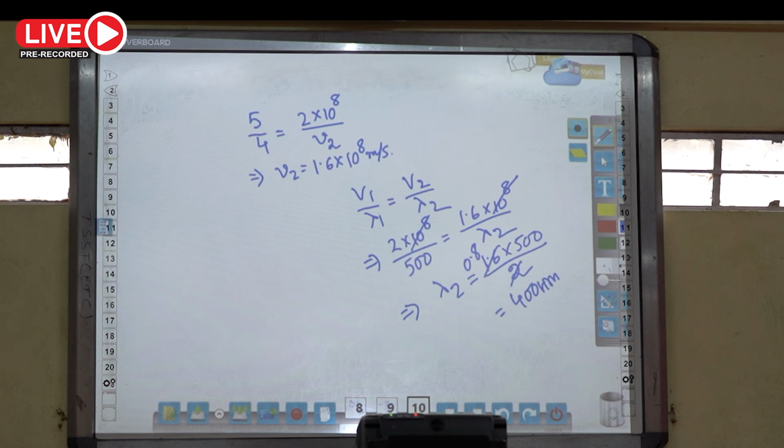Now this lens has been used to form the image of the object. At what distance from the lens an object should be placed in order to have a real image of the size of the object? First calculate the focal length of this concave mirror form.